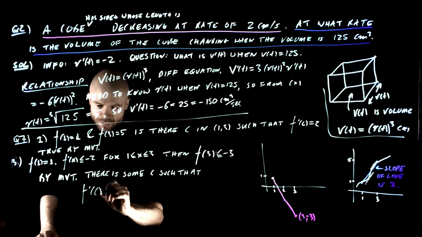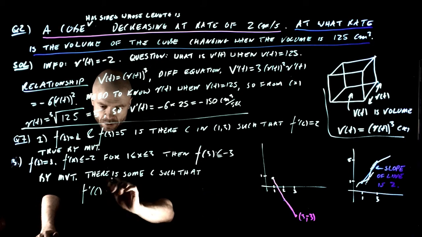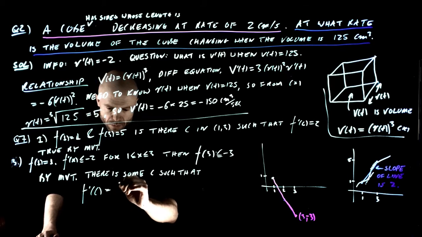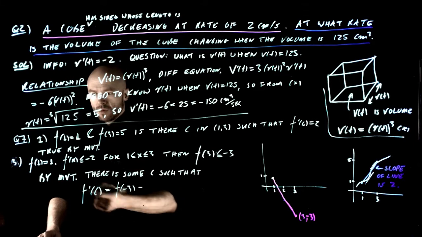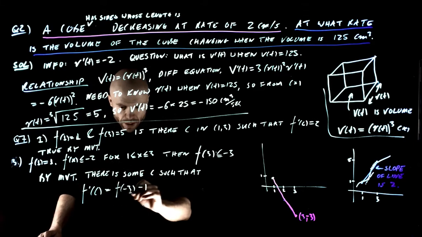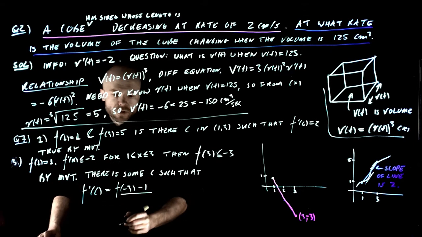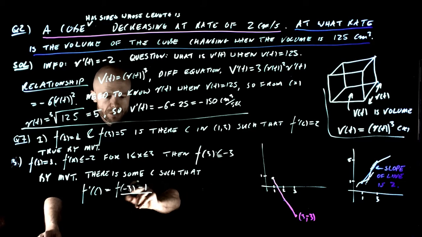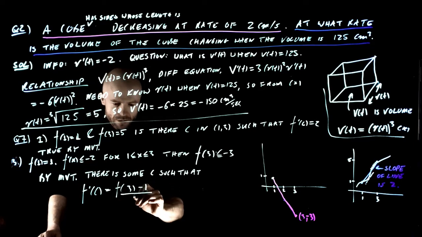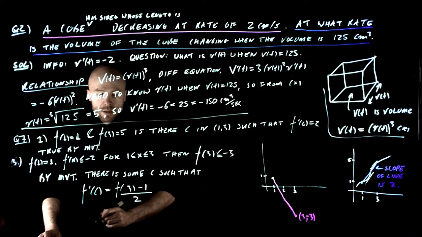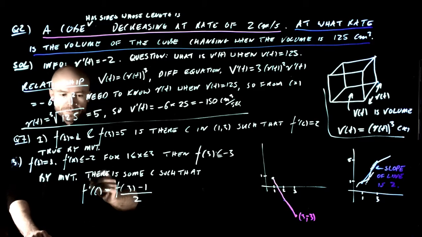f prime of c is equal to f of 3 minus f of 1, but f of 1 is 1, over how far we've traveled. And we've traveled from 1 to 3, which is 2, right? And we also know that this thing is always less than or equal to minus 2.